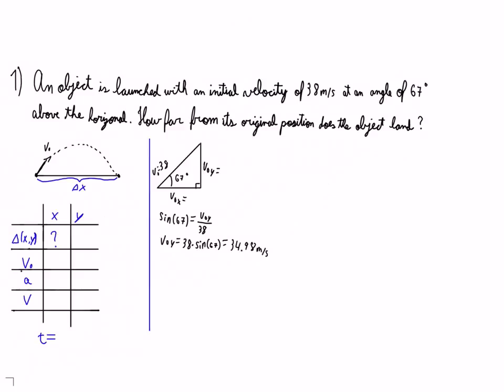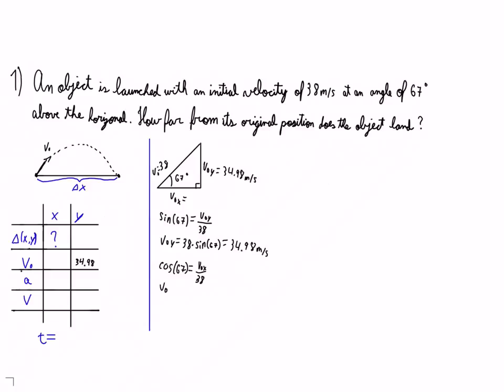We can do the same thing for VOX. Let me just write this down here first. Right here. And also VOY, we just solved for it, so I'm going to put it in our table: 34.98 meters per second. So VOX is the same thing, but with cosine, which is equal to adjacent over hypotenuse. Cosine of 67 is equal to the adjacent side, VOX, over the hypotenuse, which is 38.